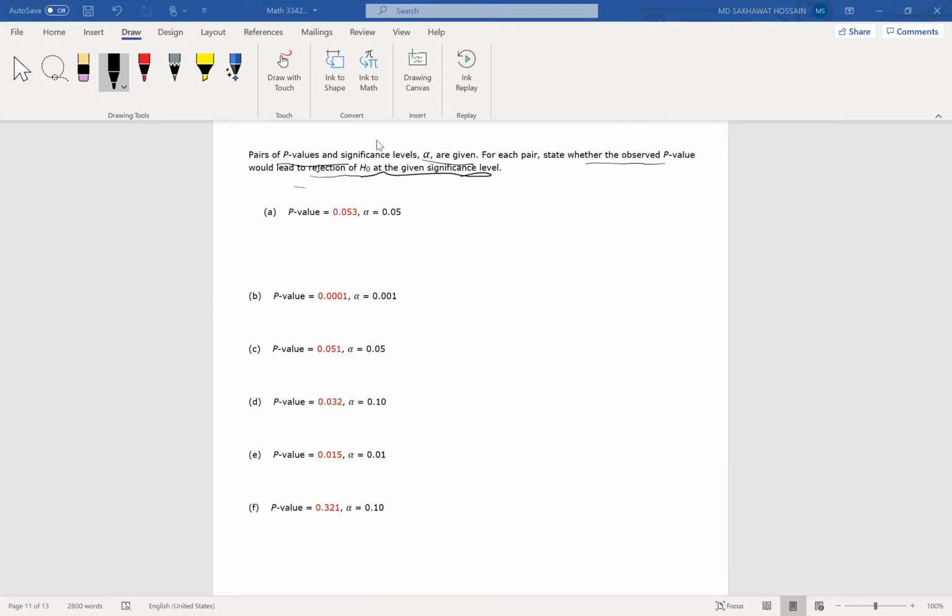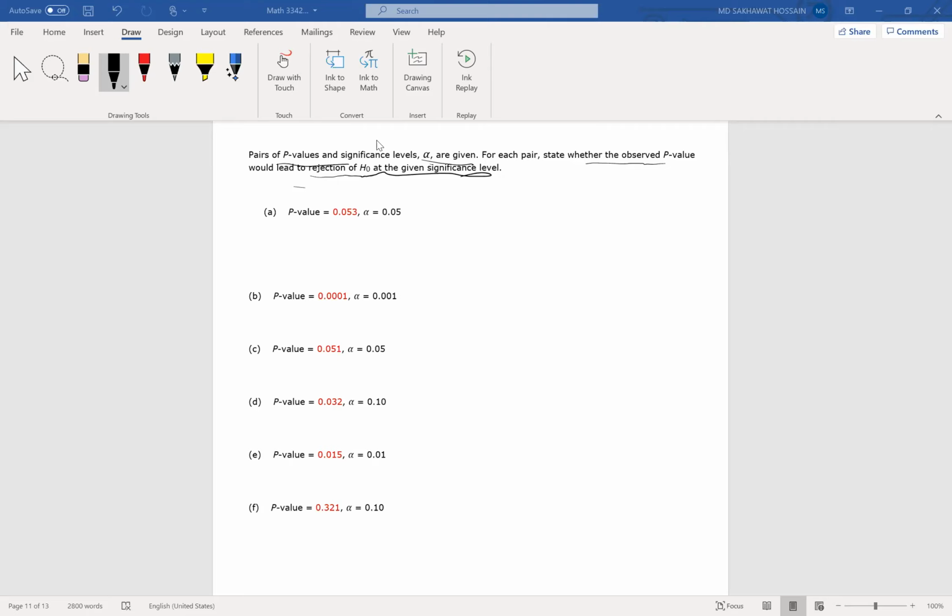If it is not less than alpha, you fail to reject. So should we reject or fail to reject? Yes, we fail to reject for part A.